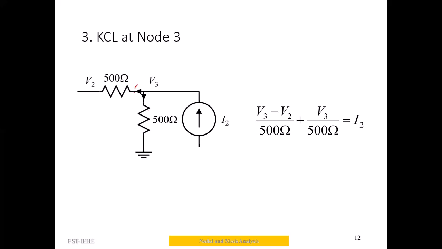Given the current directions, students are free to assign the current direction, but you need to be careful while writing the equations. So incoming current I2 is equal to outgoing current V3 minus V2 by 500 plus V3 minus 0 by 500.